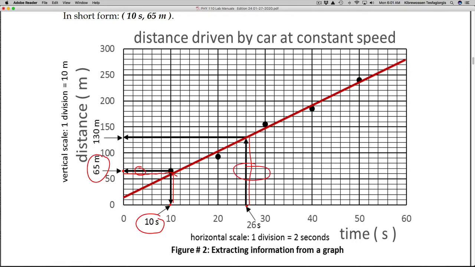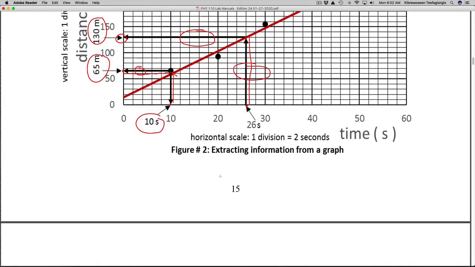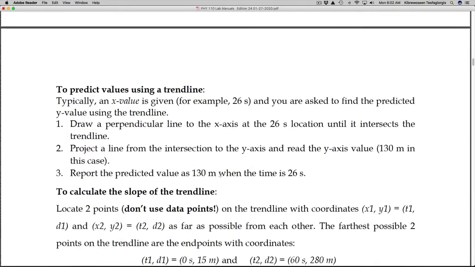Once you have that, you will draw a horizontal line starting from the trend line until you meet the vertical axis. Then that's where you find your corresponding value for that particular time. So after 26 seconds, the car traveled 130 meters. That's how you normally extract information from a graph.